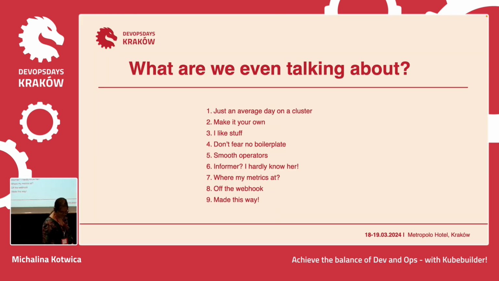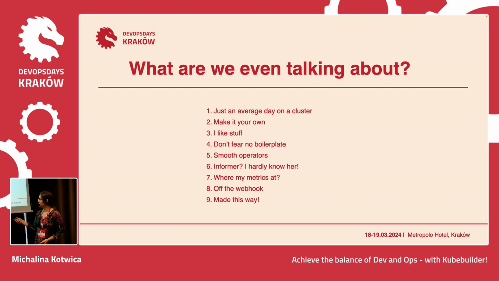So first thing first, because as I said, attentive issues and stuff like that, I prepared a slide to explain what I want to talk about, so that you do not get lost in my bullshit. So first, I'll show you my average day on a cluster without my pretty shiny toy. Then about how to make the cluster your own, or rather the stuff that is on the cluster.